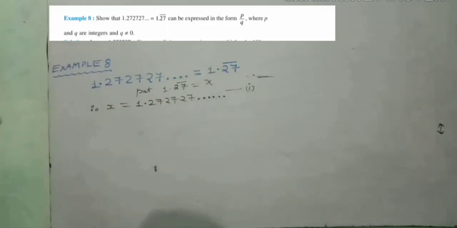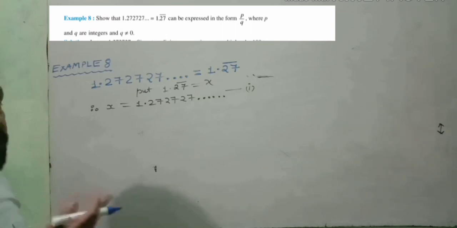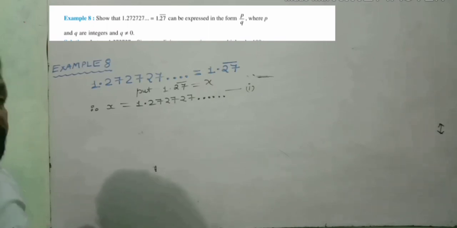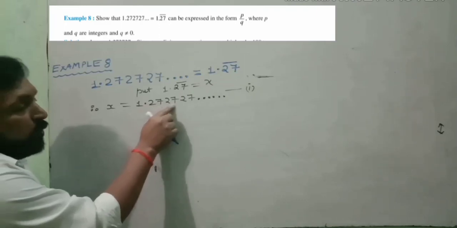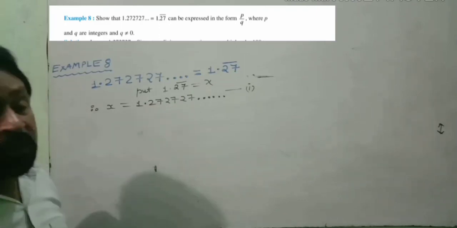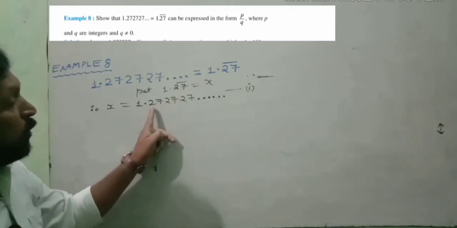Same as example 7, now we have to multiply it. I have told you, we have to multiply by 10, 100 or 1000 according to the number of digits repeating. See here, 27, 27, 27. How many digits are repeating here? Two digits, 2 and 7.